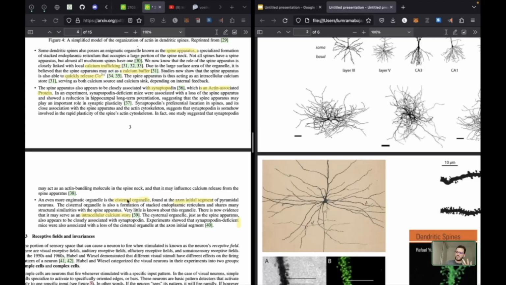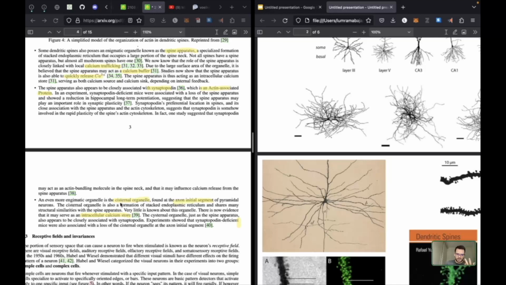What they observed in mice was that mice without the spine apparatus and this thing that technically, in my opinion, is also a spine apparatus, just for the axon, were not able to form long-term memories. So there was a very clear link between the ability to learn long-term and the spine apparatus, which is a very interesting observation, in my opinion.